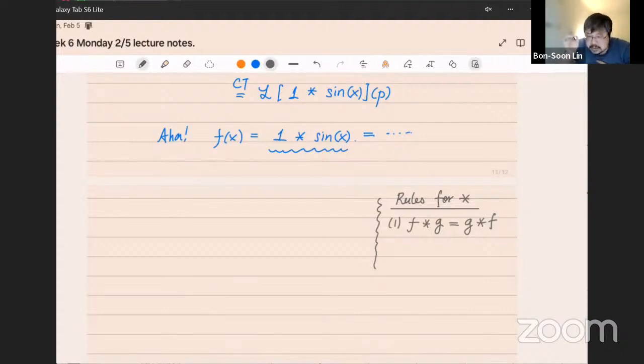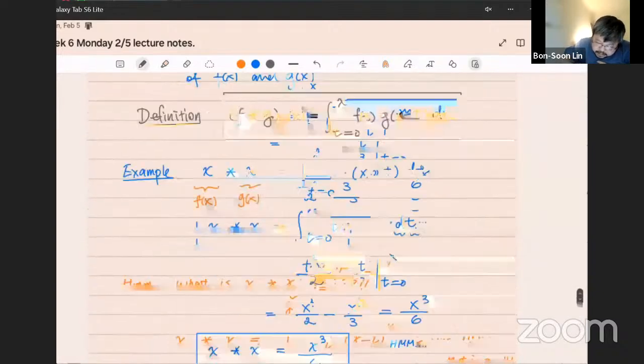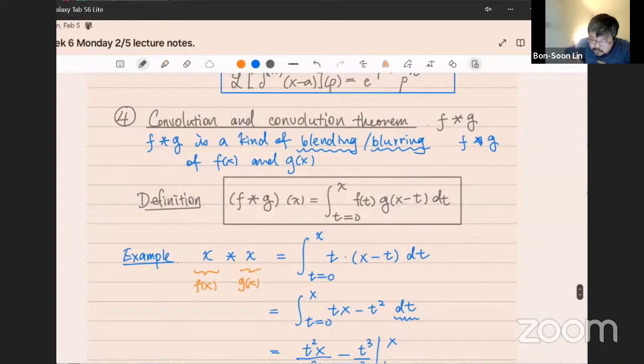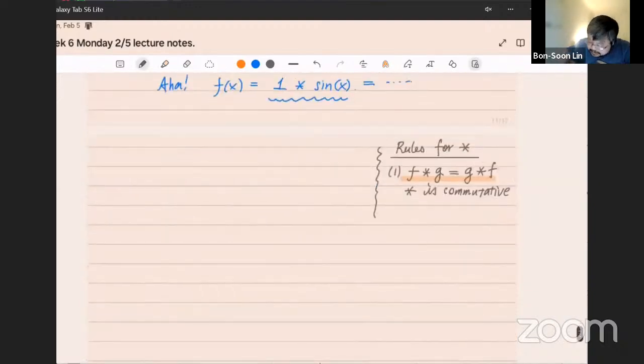Commutative, exactly. Star is commutative. You can do f star g or g star f, it doesn't matter. Now, I'm not going to prove it, but that really just comes from the definition of how this integral is defined. You can switch f and g by doing a change of variables, x minus t equals u, and then you will get the other way around. It's very easy.